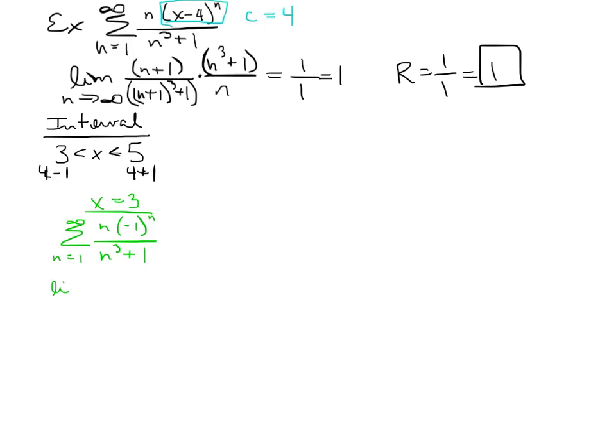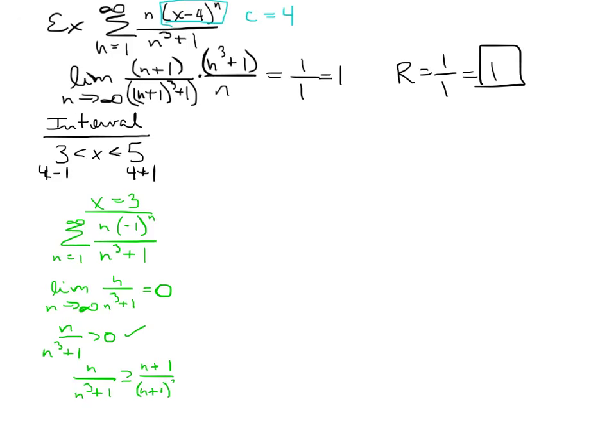And I can see that the limit of n over n cubed plus 1 equals 0. So I'm thinking alternating series, but the n over n cubed plus 1 has to be greater than 0. Yes, it is. And it has to be decreasing.